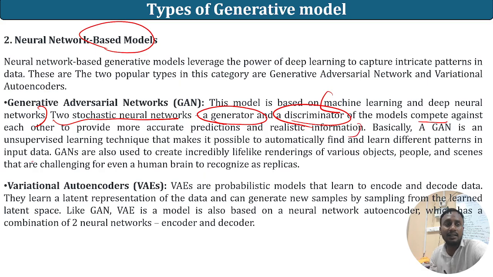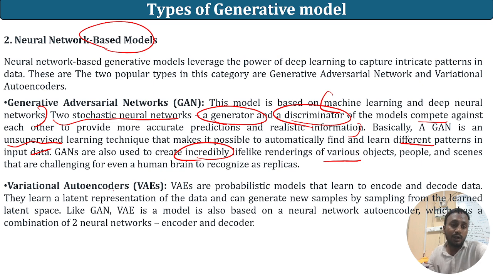Basically, a GAN is an unsupervised machine learning technique that makes it possible to automatically find and learn different patterns in the input data, and then create an incredibly lifelike rendering of various objects, people, scenes and so on.